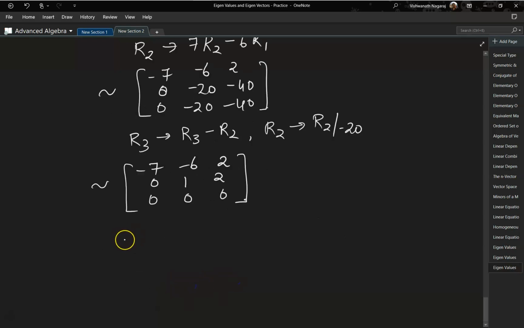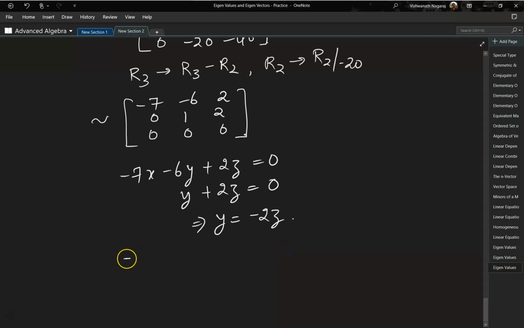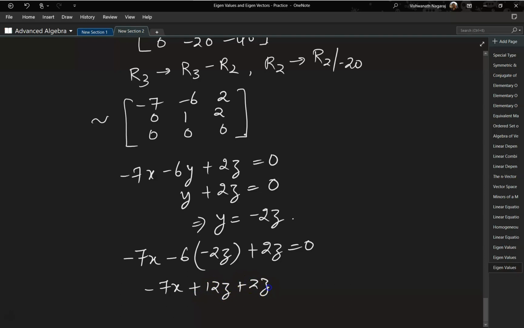And now we convert it into equation form. Minus 7x minus 6y plus 2z is equal to 0. y plus 2z is equal to 0. So which means y is equal to minus 2z. Now let's do the substitution. Minus 7x minus 6 times minus 2z plus 2z equal to 0. Minus 7x plus 12z plus 2z equal to 0.